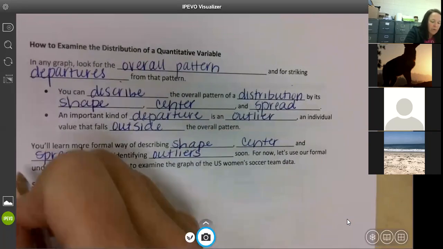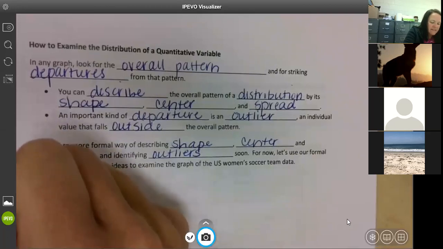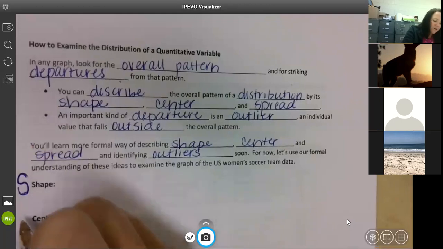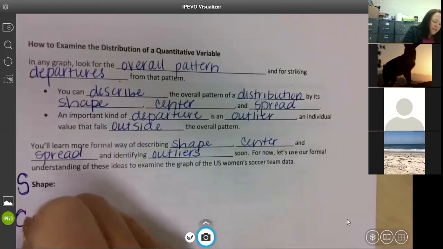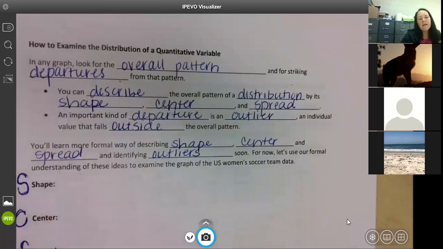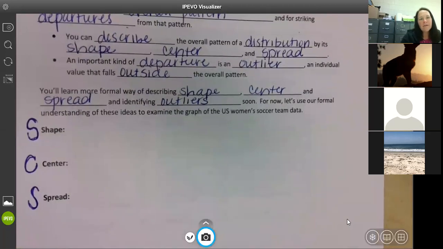The way they do this is they make it SOCS, S-O-C-S. Okay, but I don't ever do it. I leave it just like this, shape, center, spread. And then you have outliers. Again, if you want to do SOCS, you can do that and throw outliers in between shape and center, but I always do it at the end.